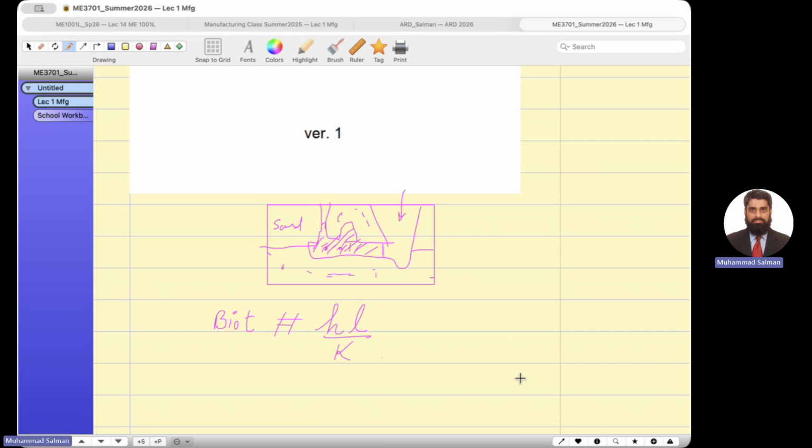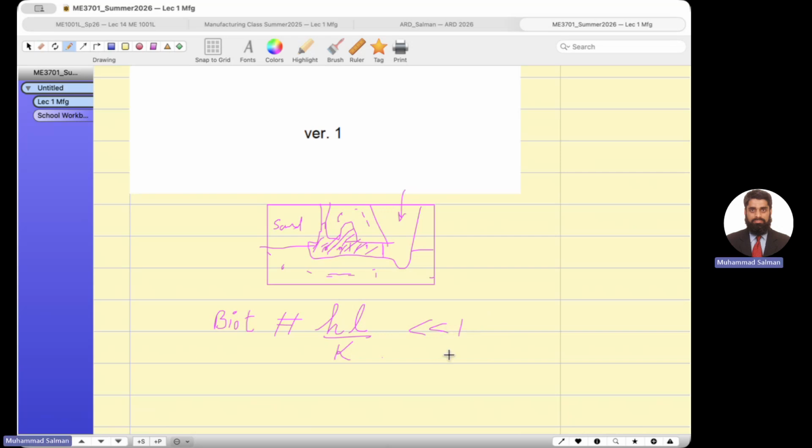where h is the convection heat transfer coefficient, and length is the characteristic length. We will talk more about that. If it is less than 1, then it tells me that the internal conduction is very fast. Usually in our cases, the Biot number is less than 1.